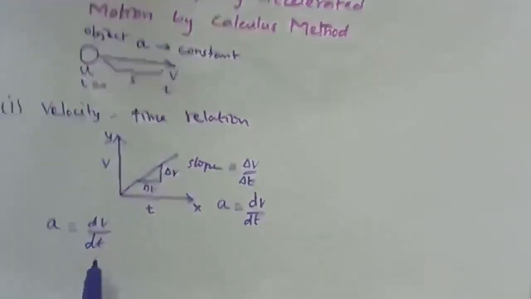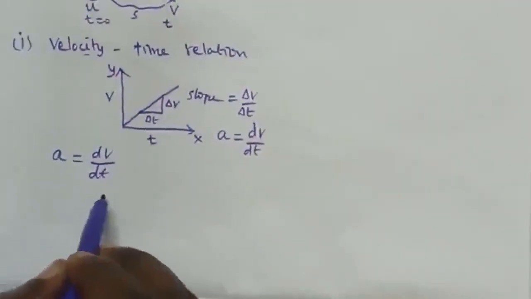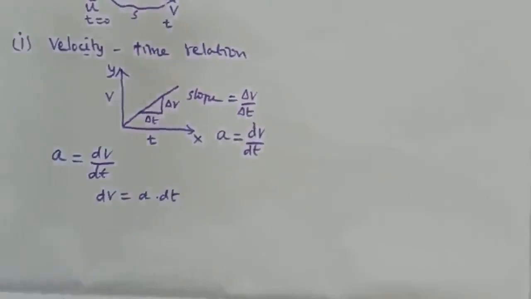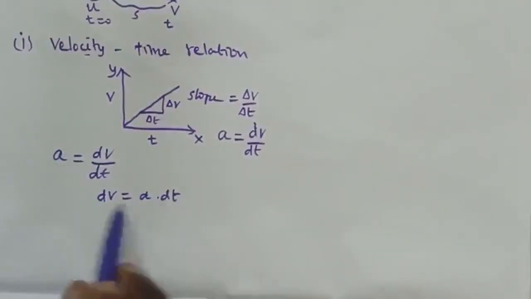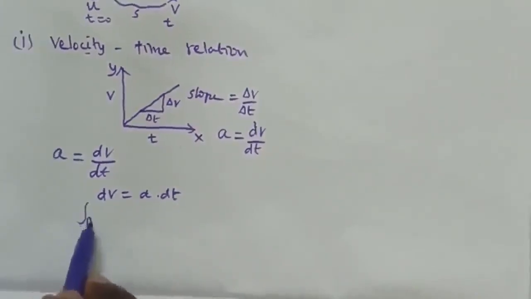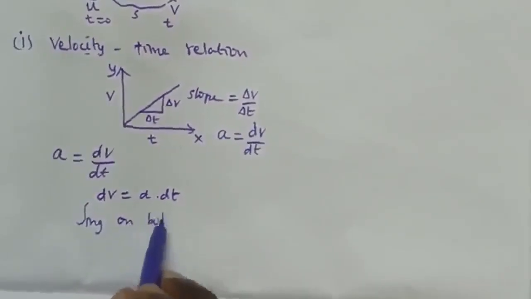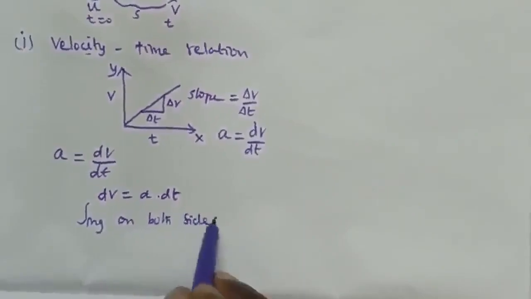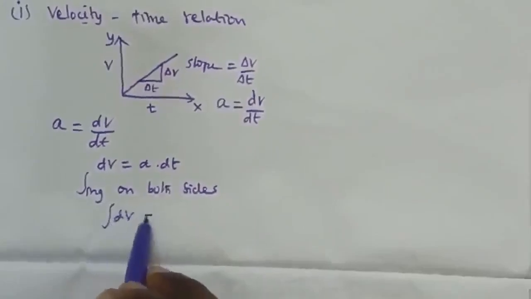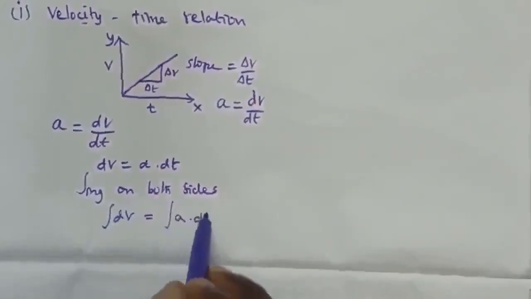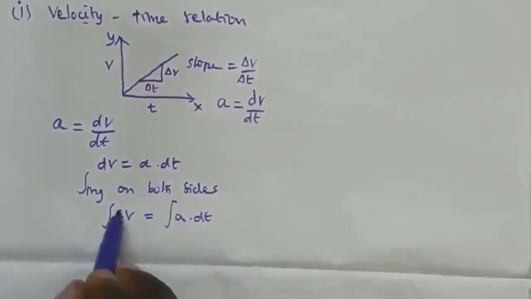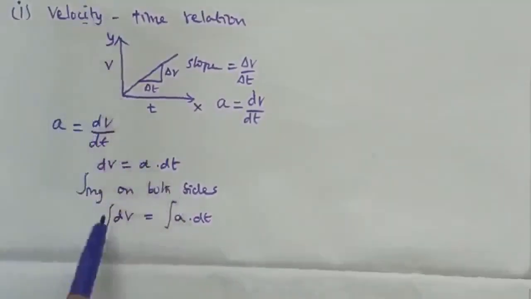Now from this equation, dv is equal to a dt. Integrating on both sides, the integral of dv is equal to the integral of a dt. For dv, the limits go from initial velocity to final velocity.